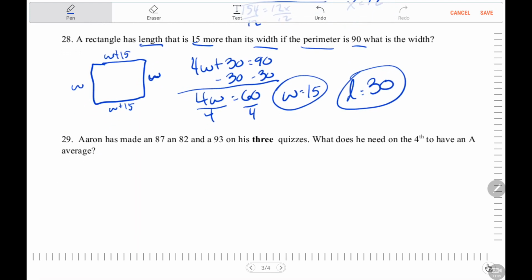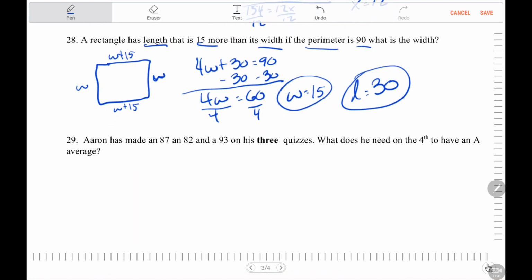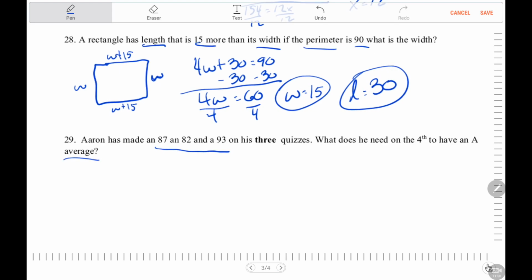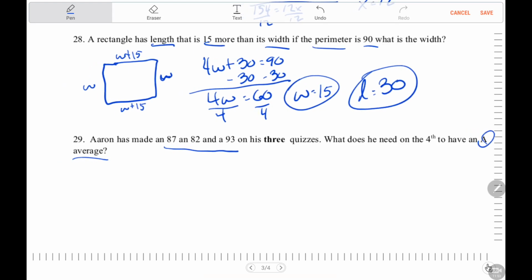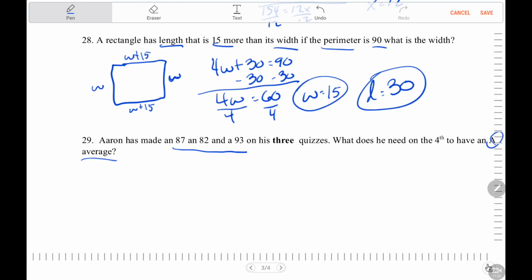Now, for this problem, a lot of people have a little bit of trouble with it. Basically, you have someone that's going to have some test grades. You want the average to be an A. So the way you find an average is you add everything up, divide by the number of terms, and calculate.